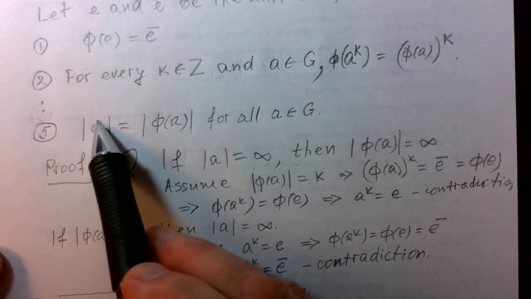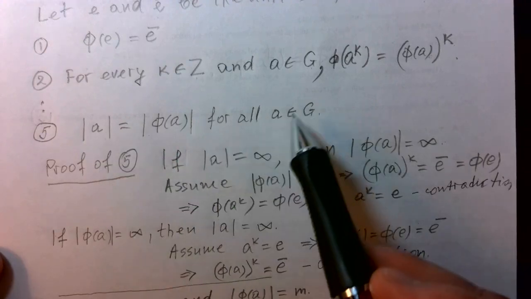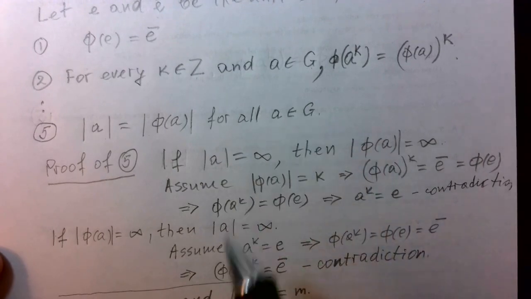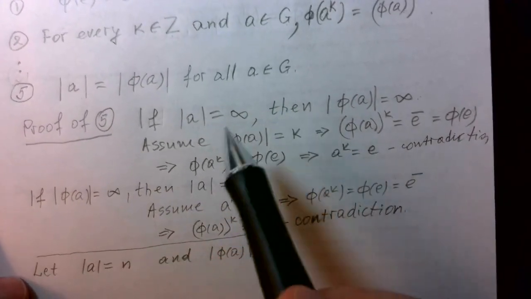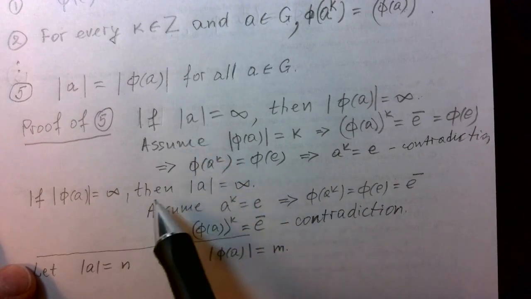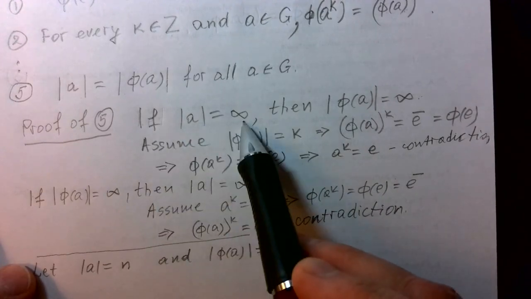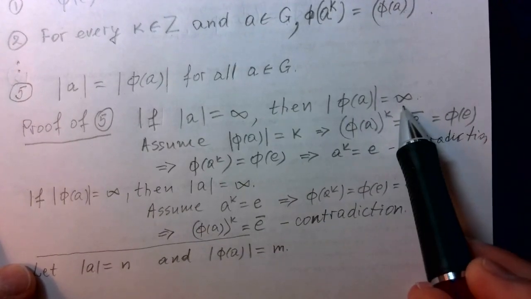That is, an element in G must have the same order as its image in G bar. To prove property 5, we first consider the case when the order of a is infinity. We prove that the order of phi of a is also infinity.